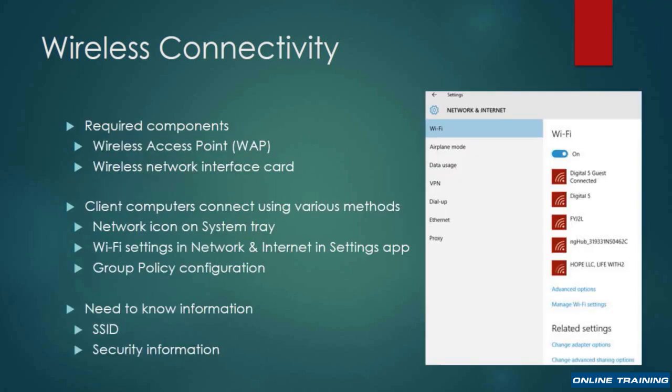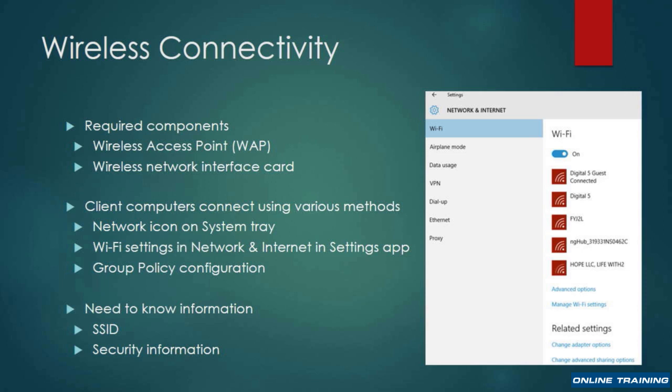Essentially, there are two required components if you want to connect to a wireless network. The first is the wireless network card or wireless NIC on the machine. In a laptop and a tablet, these are embedded and they are there by default. Same thing with a phone. On a desktop computer, they don't generally include wireless network cards. You would have to install one.